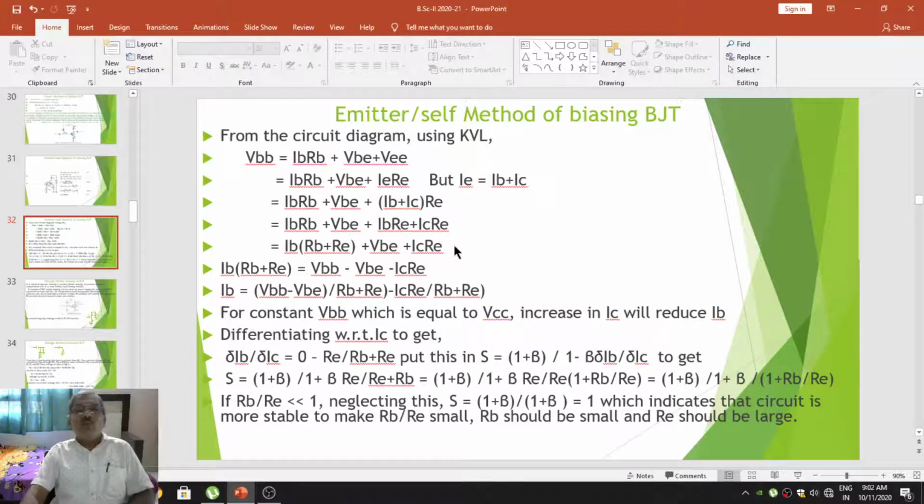Friends, we are determining now the relation between I_B and I_C just to determine the magnitude of stability factor, and that's why we obtain I_B into R_B plus R_E equal to V_BB minus V_BE minus I_C R_E. Therefore, I_B is equal to V_BB minus V_BE upon R_B plus R_E minus I_C R_E upon R_B plus R_E.